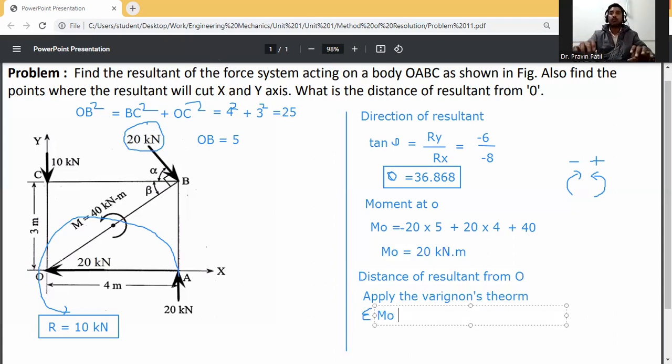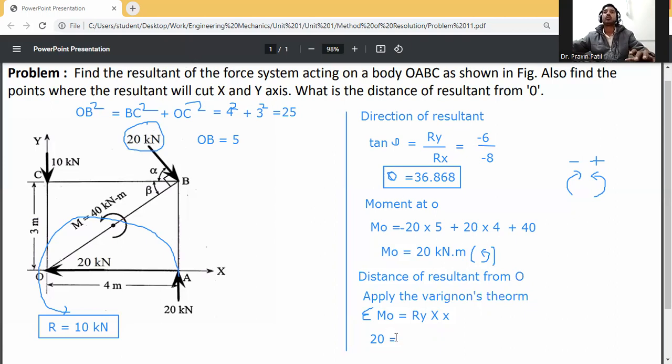So the summation of MO is 20 kilonewton meter. We have got MO positive, which means the moment is in the clockwise direction.